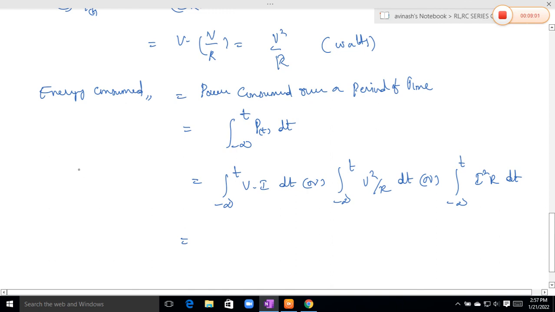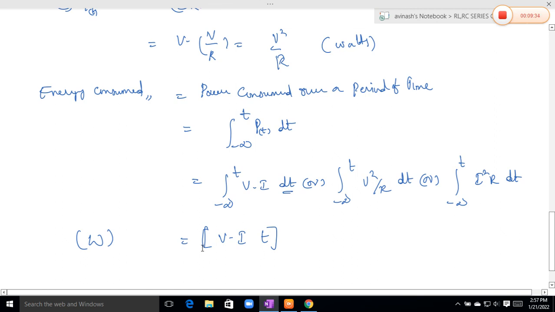If the voltage across the resistance is constant, then the energy is defined by W. If we integrate Vi with respect to dt, then Vi is a constant, and this will be into t.